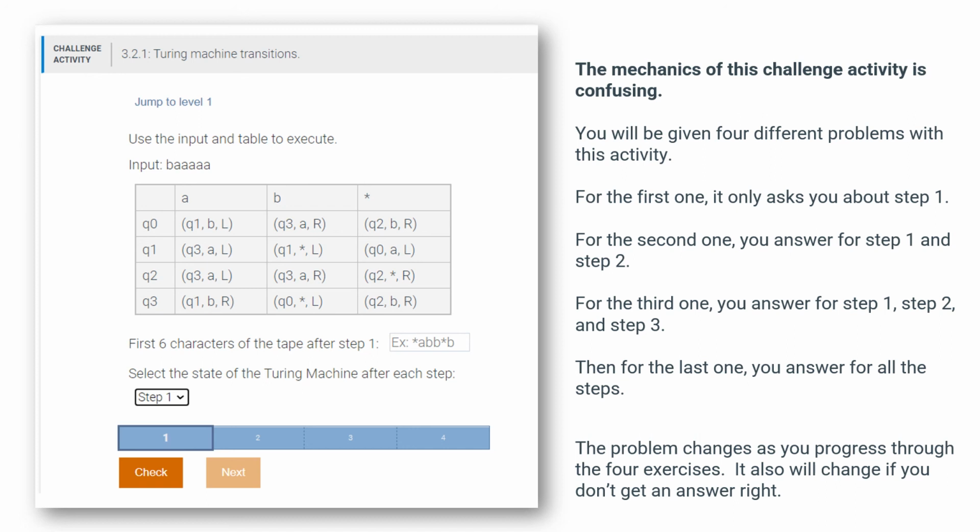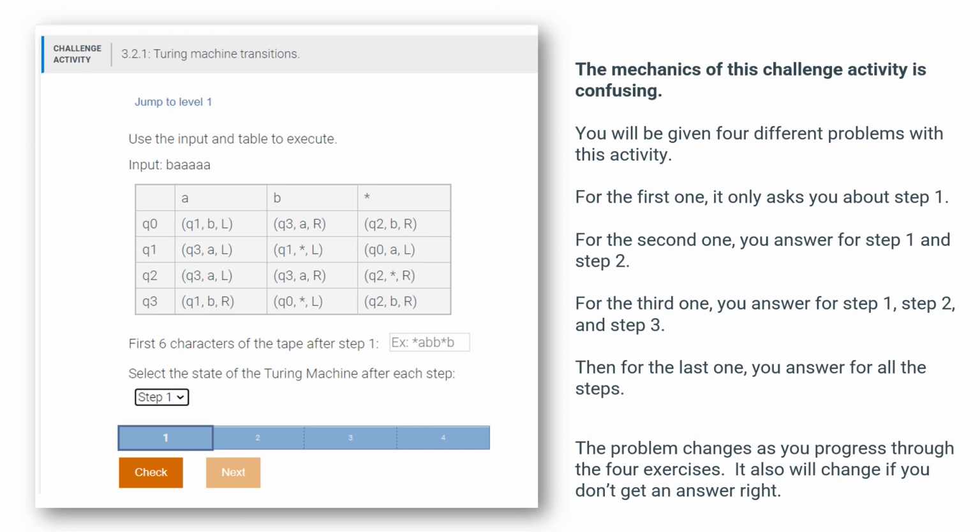That's why it says step 1 here. So you're going to click on step 1 and answer in that drop down what the state would be after just the first step. Then it's not going to ask you for any other steps for that problem.